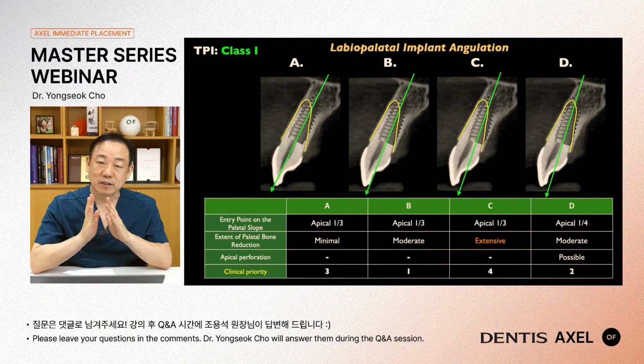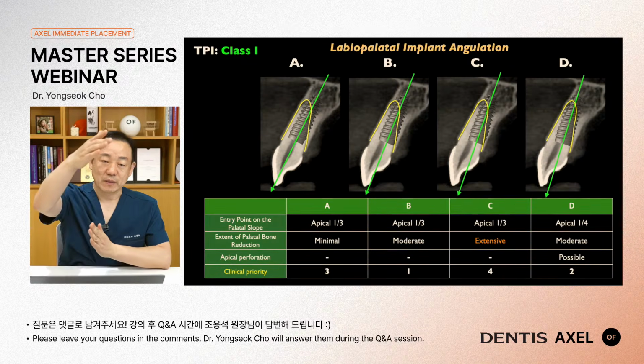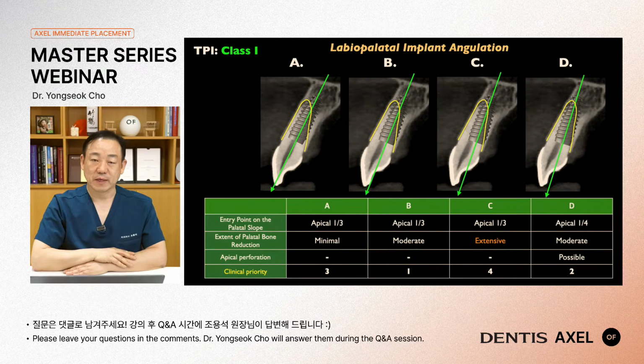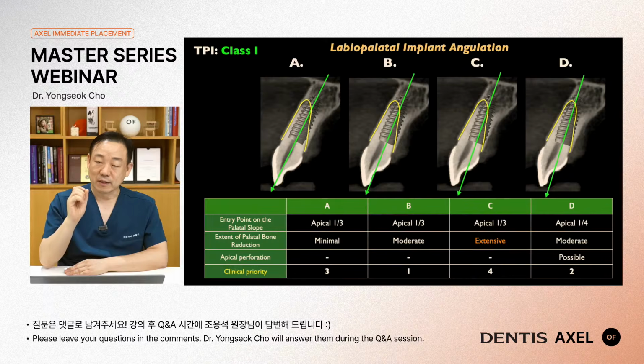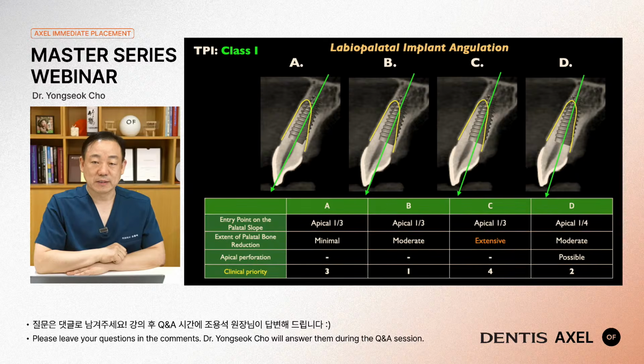Basically, in such a class 1 TPI, it is better to start at the palatal slope, at the apical third. We divide the palatal slope into apical, middle and coronal thirds, and it is better to position the entry point at the apical third.